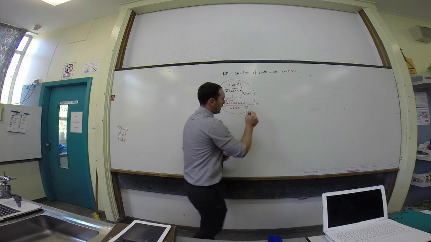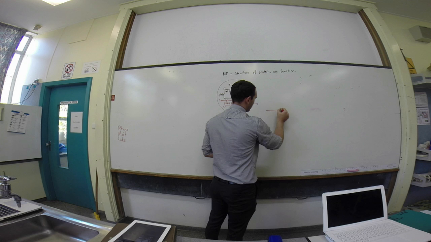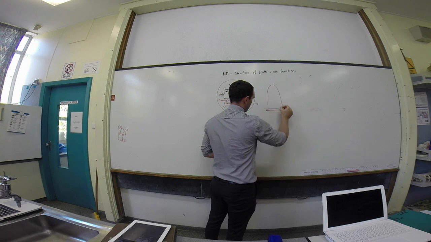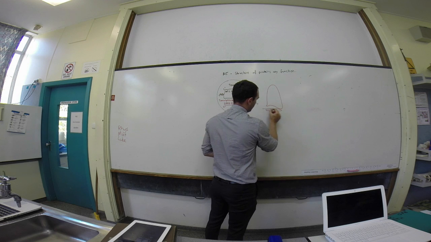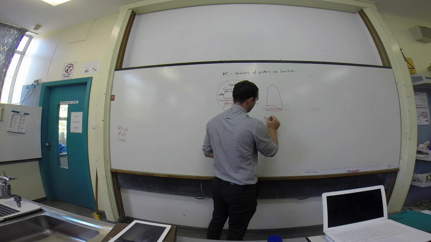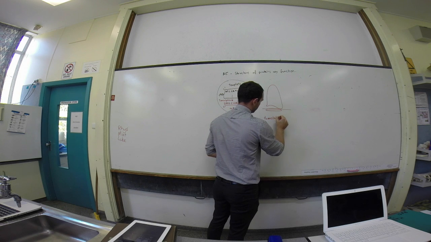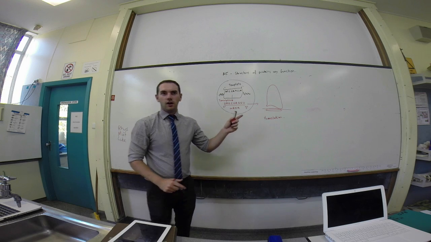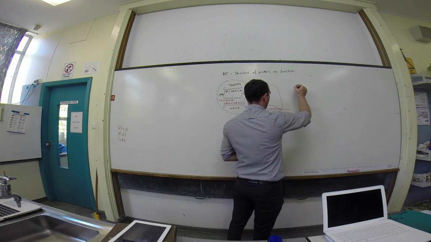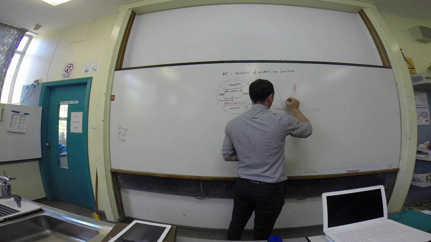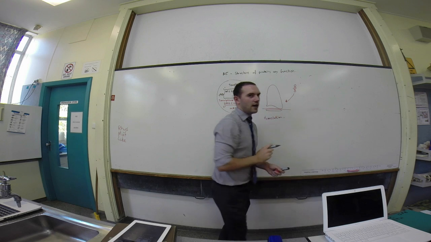Now we go outside into the cytoplasm and we're going to form the translation component. As the ribosome moves along, we have our transfer molecules bringing in the correct amino acid.